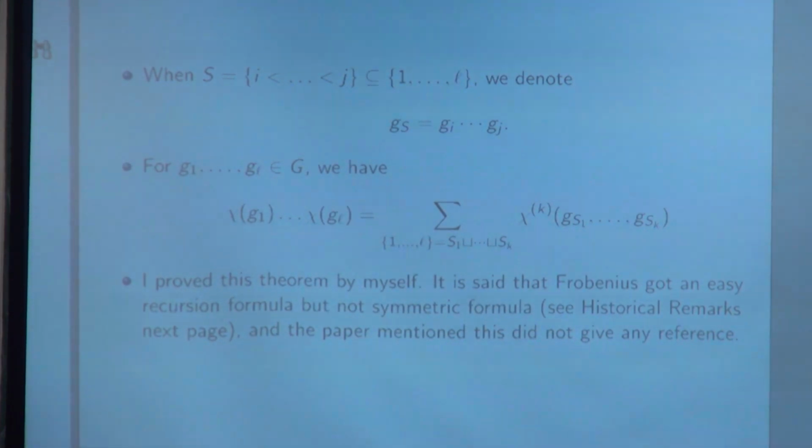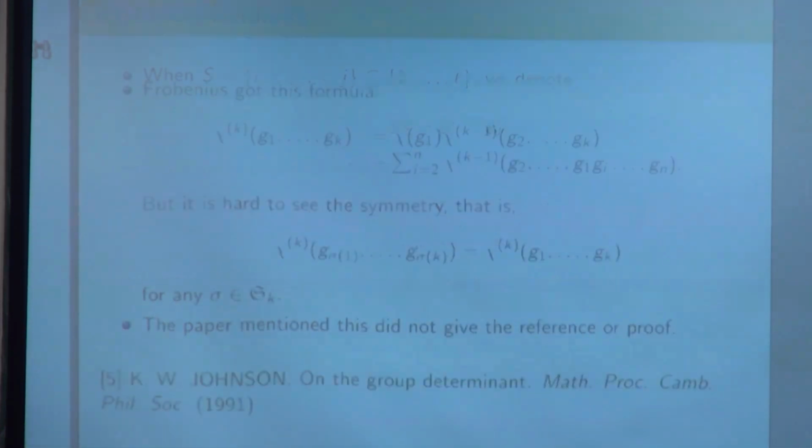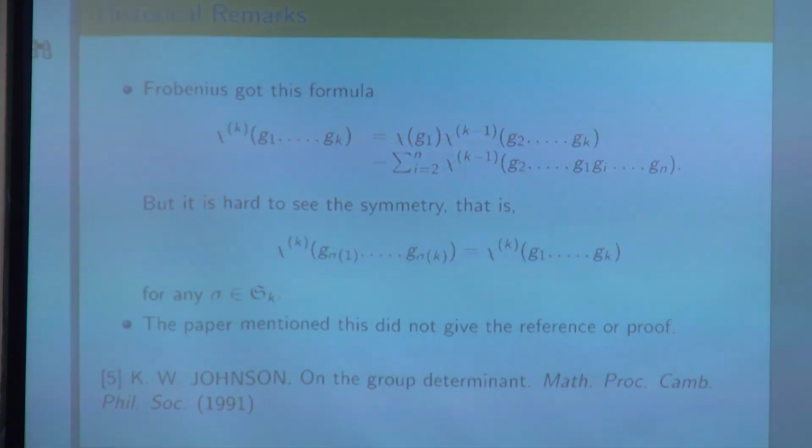Of course, in some sense, they are equivalent. But what is very special is that this formula does not have an English proof. I mean, maybe Frobenius knew this formula and wrote it in his script, but it never appears in any English paper, at least as far as I know.